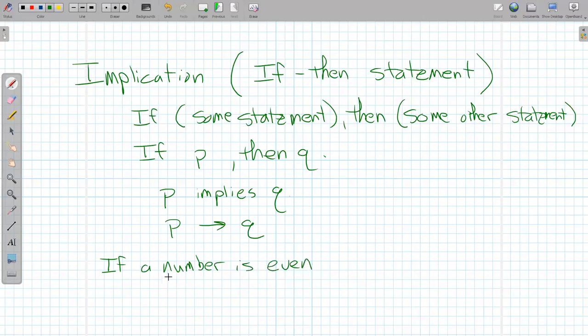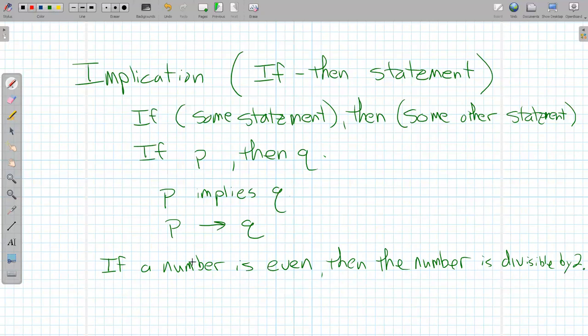A number is even is just a very simple statement, as simple as I can get. So if a number is even, then the number is divisible by 2.